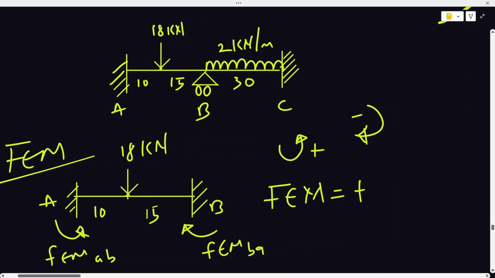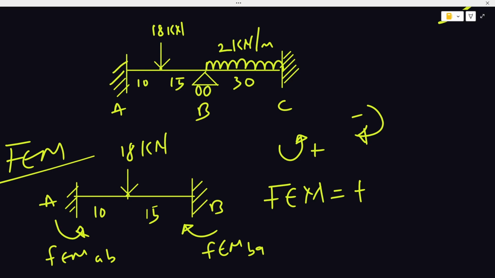So positive times, now going to our fixed end moment tables, we'll have P A B squared over L squared.